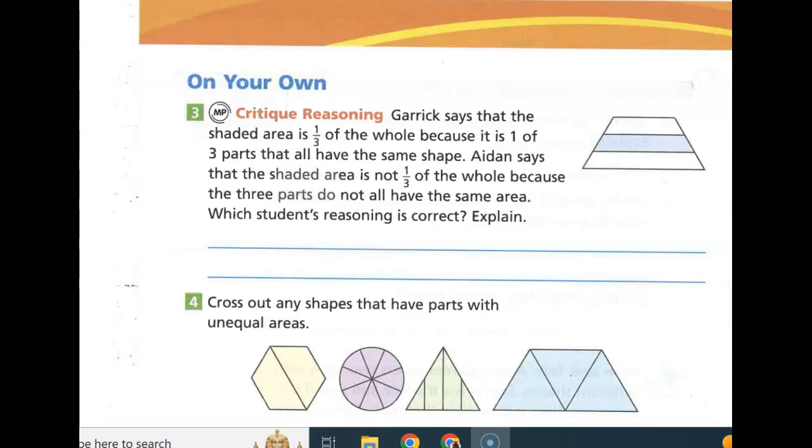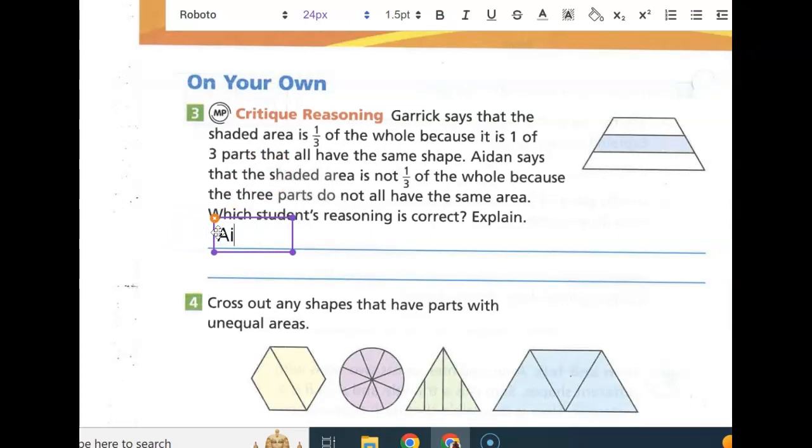Rhiannon, which student's reasoning is correct? Garrick or Aiden? Aiden is correct. Why is Aiden correct? Because he says that it's not equal parts and they're not. Okay. Aiden is correct. Not all the parts are equal.